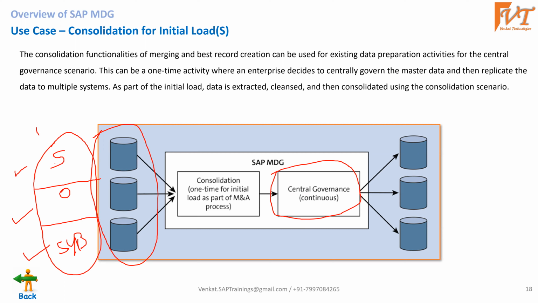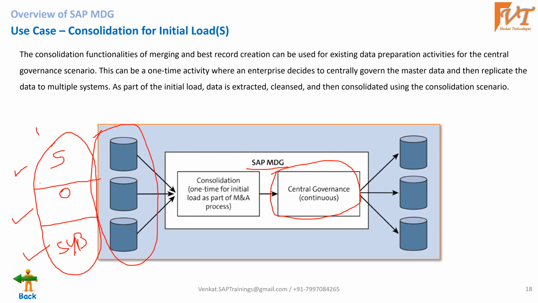Okay. So now to maintain this MDG for our business, as per the MDG core principle, it should be maintained with central governance. When we say central governance, all the master data is to be governed centrally. There should not be any master data maintenance in any of the other business systems.